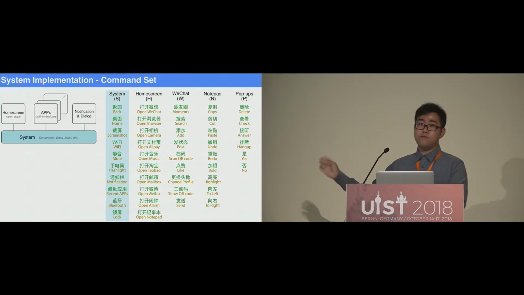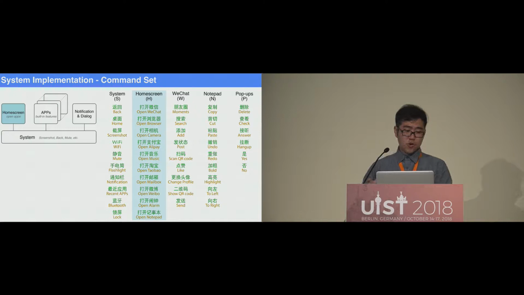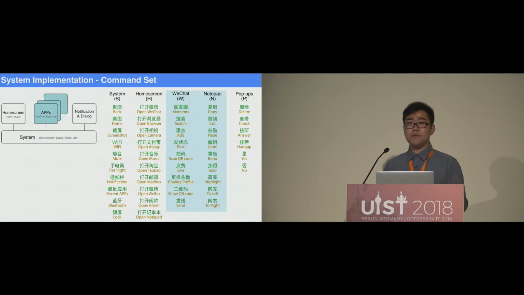Sorry for the confusion if you don't understand the Chinese characters. You can see the English below. And also include 10 most popular apps, 6 most frequently used operations to handle pop-up windows, and 18 built-in features for 2 representative apps, WeChat and Notepad.